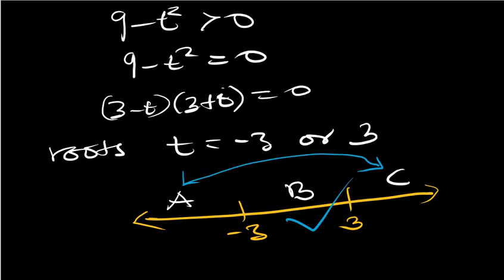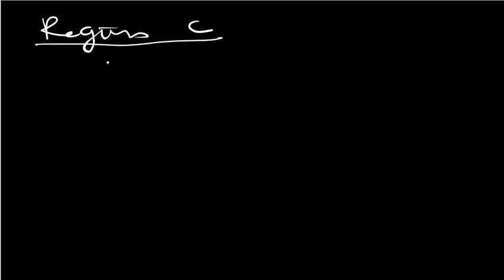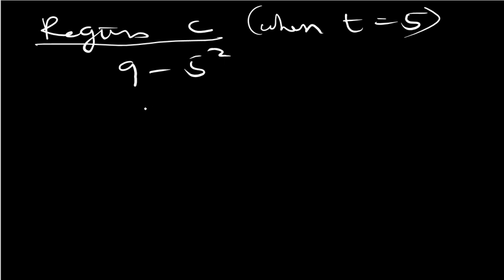A possible number in region C include, let's say, 5, because region C contains numbers that are greater than 3 up to positive infinity. Region C, when t is equal to 5, we're going to have 9 minus 5 squared, and we're going to have 9 minus 25, which will give us -16.